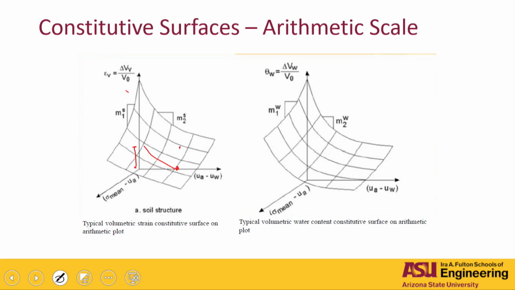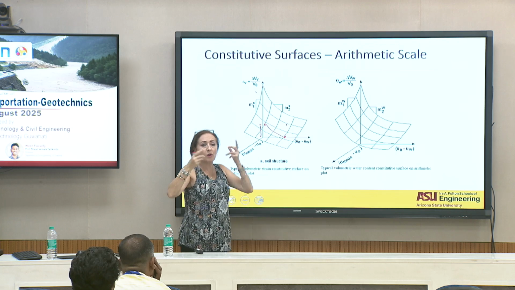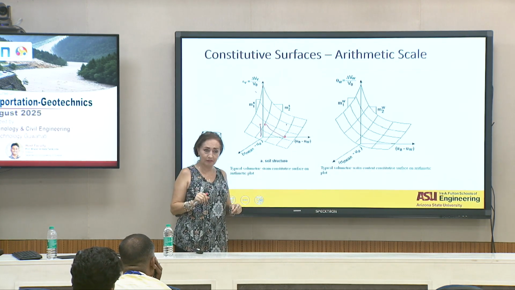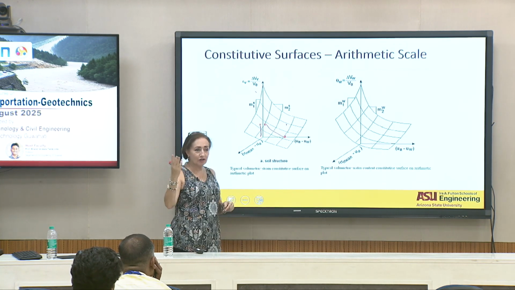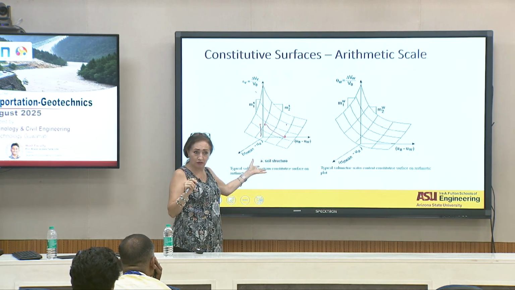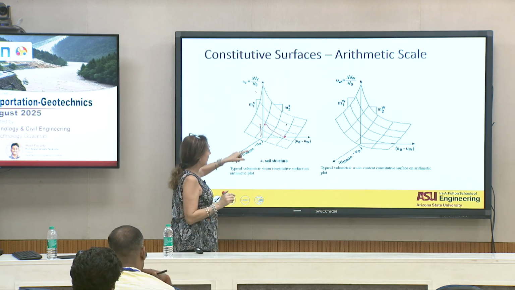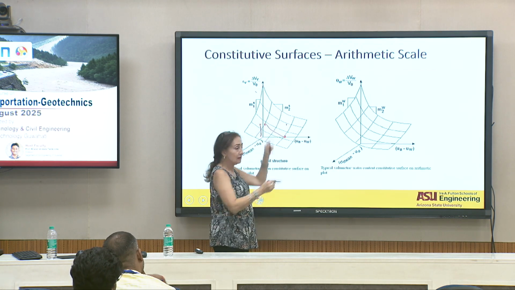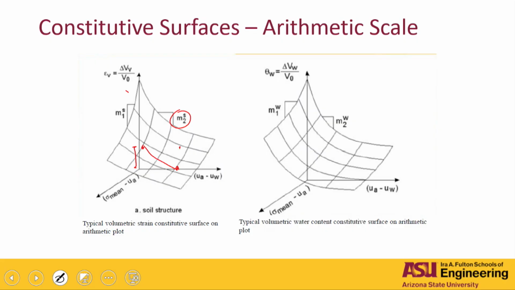Now, collapsibility. What happens if at this point you put water in there and then decide to load it? That's what I'm arguing with your professor. I think this works with no problem, because you just go ahead and get the point. The problem is you need to be careful, because for expansive soils the value is different.